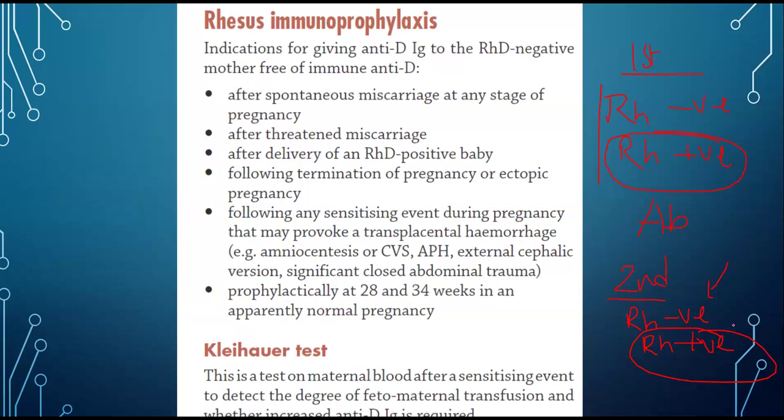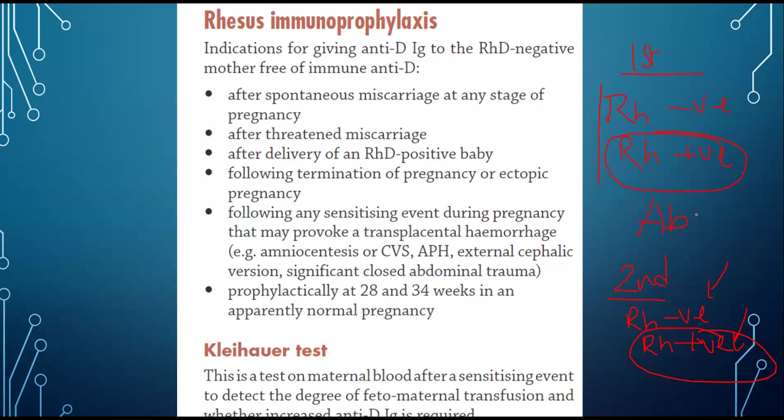Mother's blood has an antibody against this. So when it goes into the baby's blood, it will destroy the baby's blood, and that will cause hemolysis. So that's the main issue with RH isoimmunization. Okay? So it's very important that we do not let this antibody develop in the mother in the first place. That's the idea.